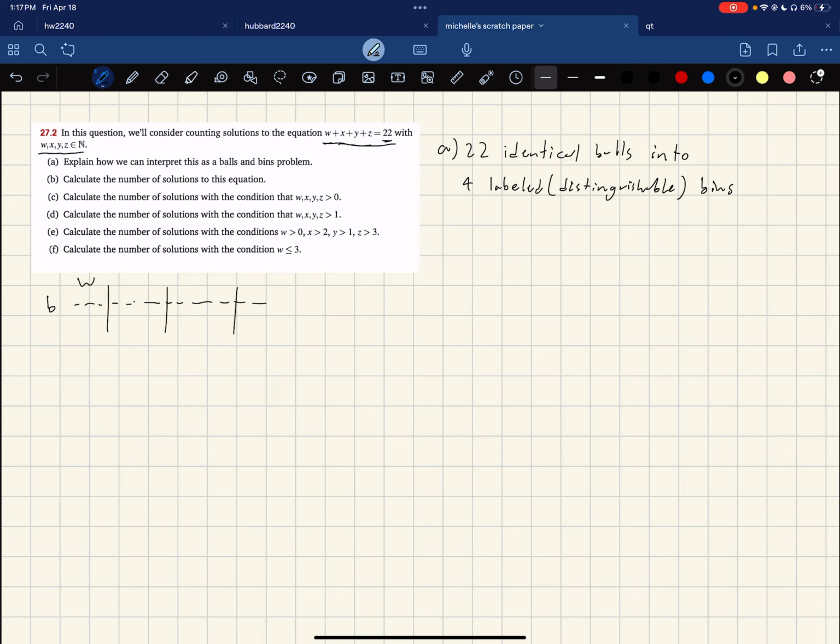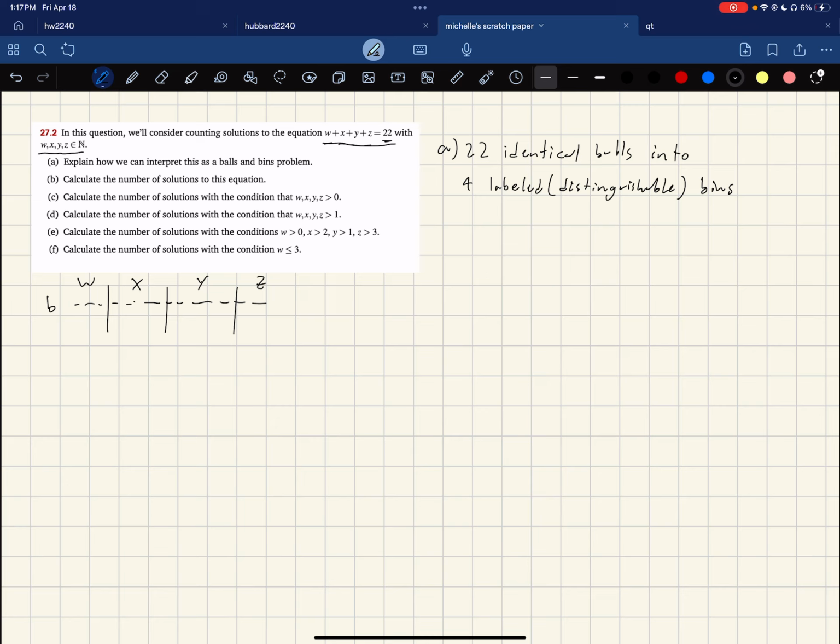So then this will be W, X, Y, Z. Each unique placement of these 3 bars corresponds to a unique solution to this equation, since each will have a different distribution.